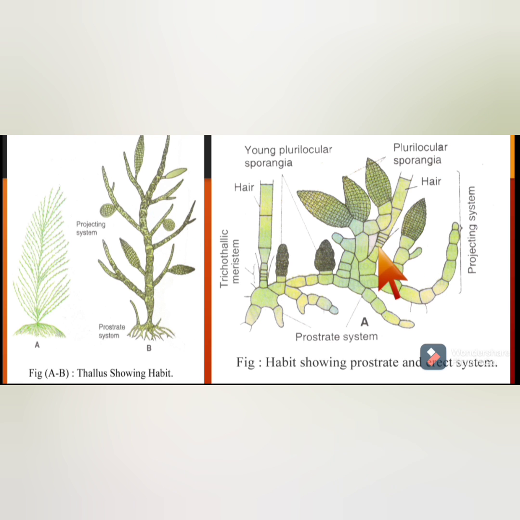Now the erect part of the thallus is usually irregularly branched. As you can see here in this case also, it is irregularly branched, and the branches arise just beneath the transverse septa of the cells.